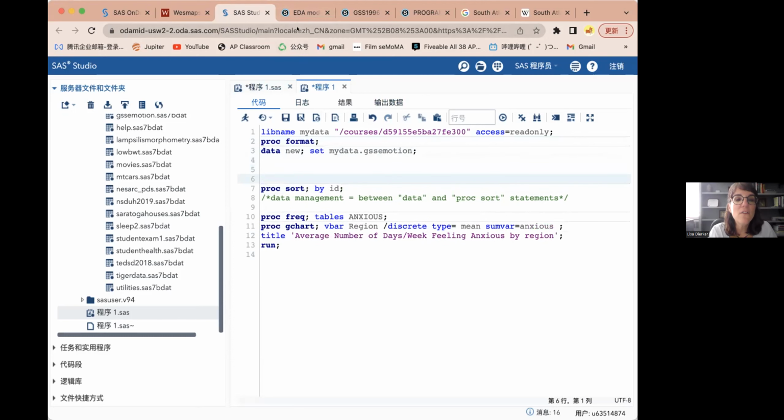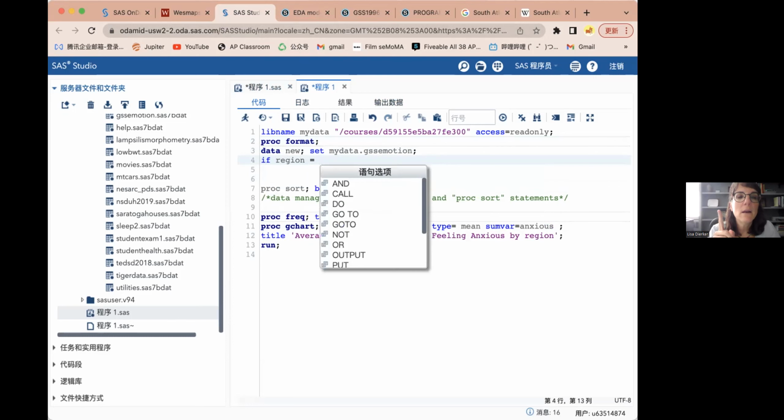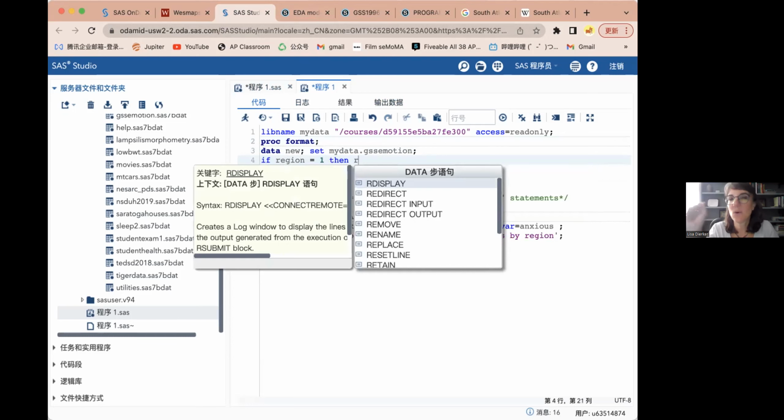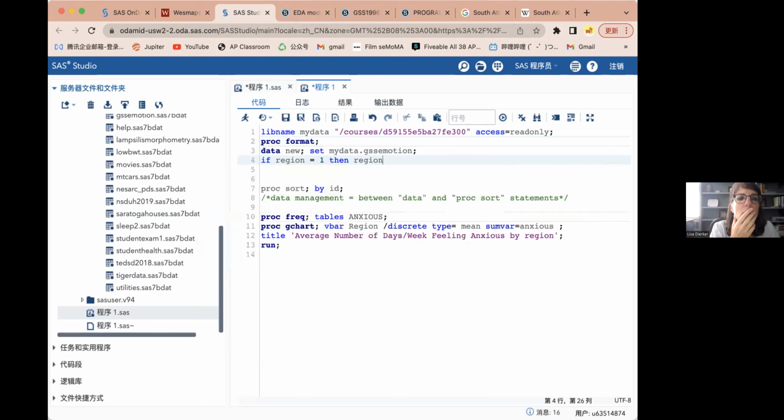Okay, we're going to say if region equals 1, then region1. We're creating a new variable, so we need a new name, so I'll just put a 1 at the end. So region1 equals, in single quotes, New England.